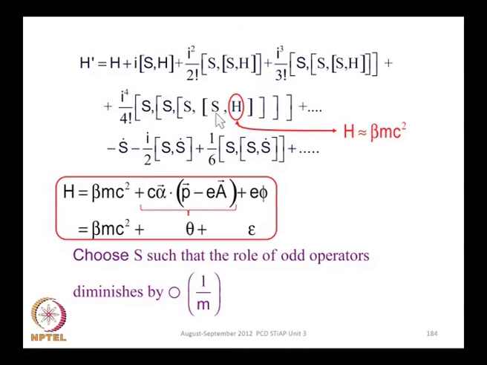So, I get 1 over m to the power 4 scaling coming from that, and then if I let the Hamiltonian be written only by beta m c squared, the whole importance of this term will be reduced by 1 over m cubed.